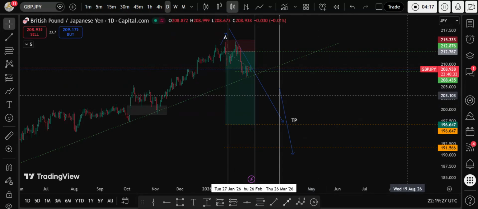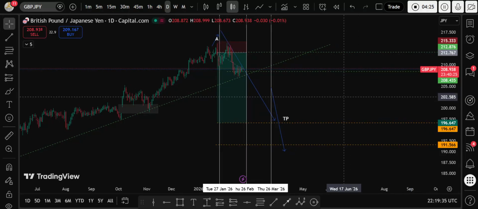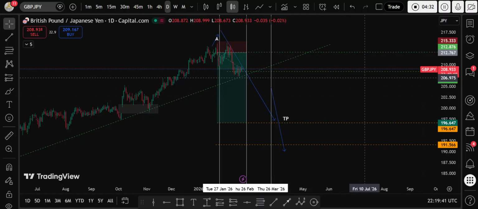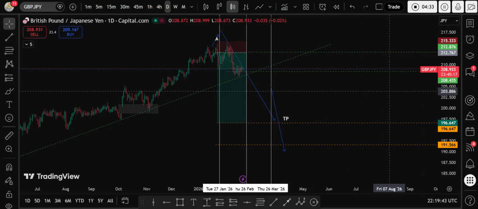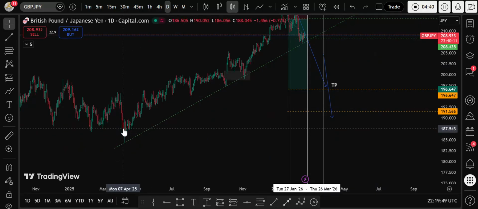Please kindly note that we use 1% of our capital in every trade that we do. We don't go beyond 1%. The reason why we use 1% is because we want to minimize our risks to get a lot of profit from the market. Imagine maybe we placed a buy trade over here with 0.01.